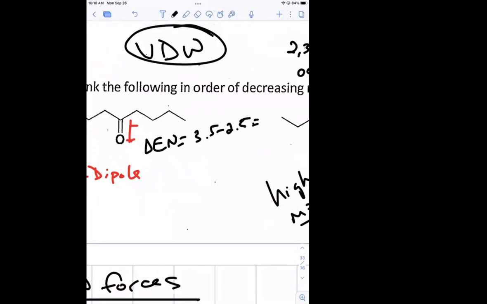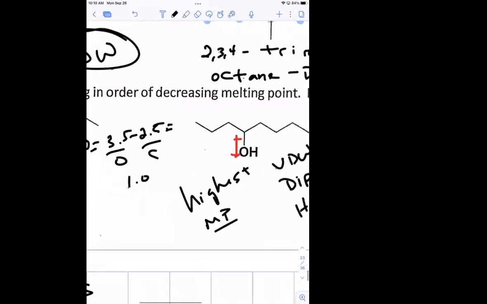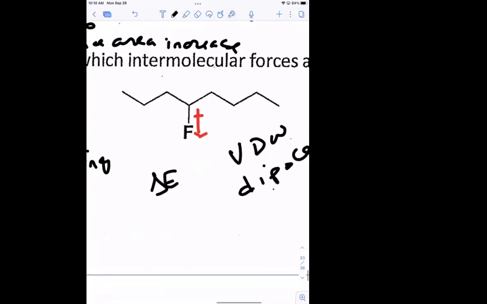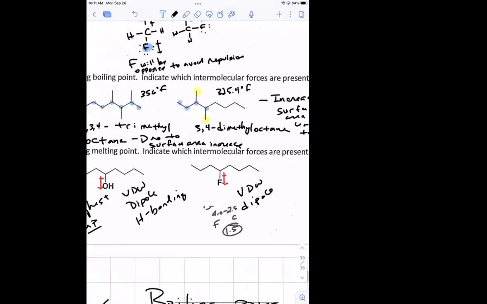This is oxygen, that's carbon, so it'll be 1.0. And then over here, that's F, that's C.